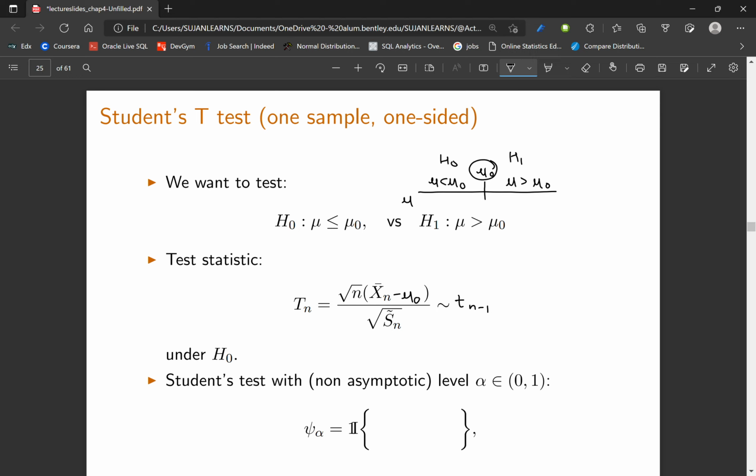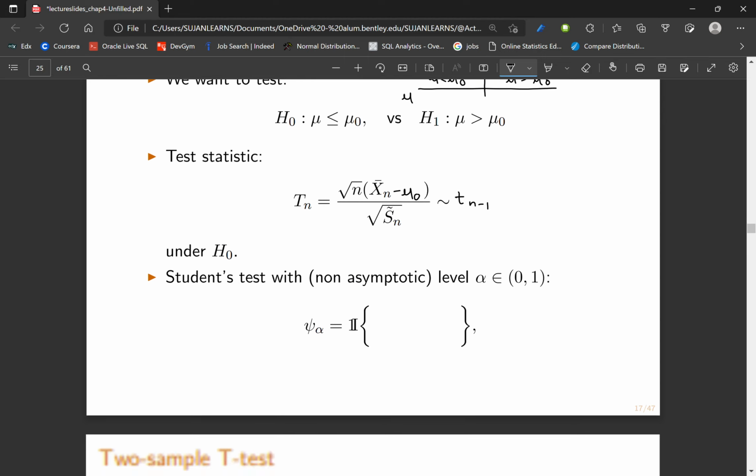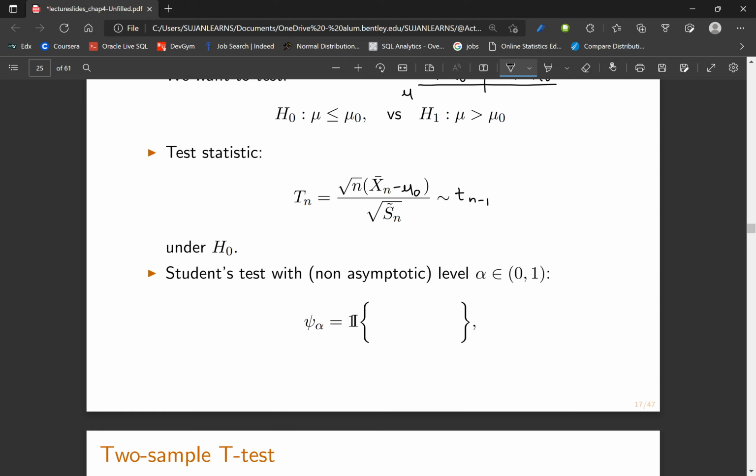The next step is to create a test out of the test statistic for a non-asymptotic level alpha between 0 and 1. In this one, we reject the null hypothesis if the test statistic is larger than a certain threshold. What is that threshold? Can you tell?